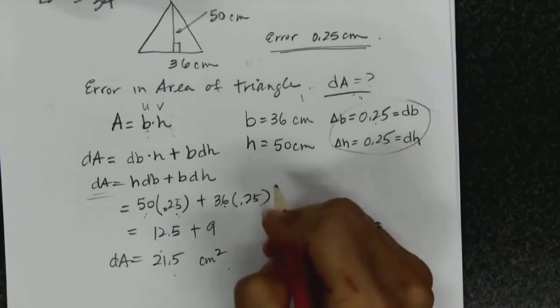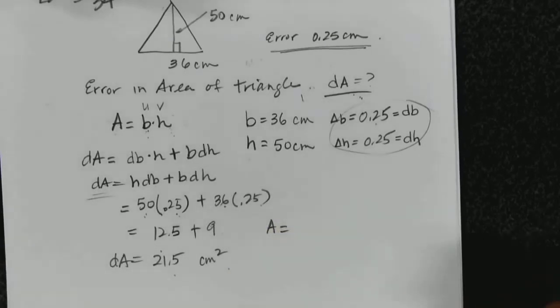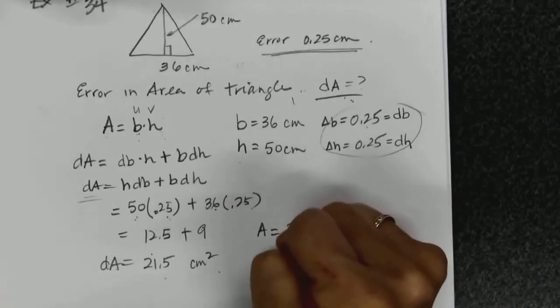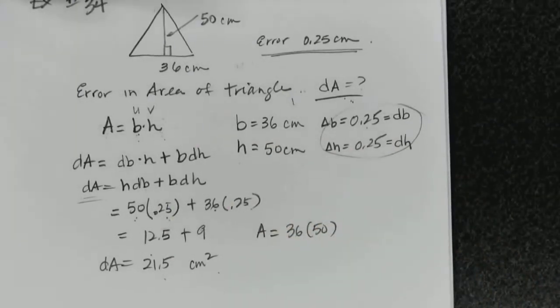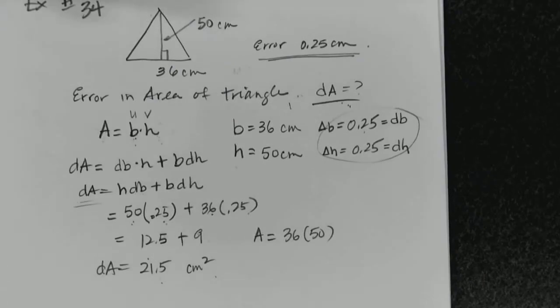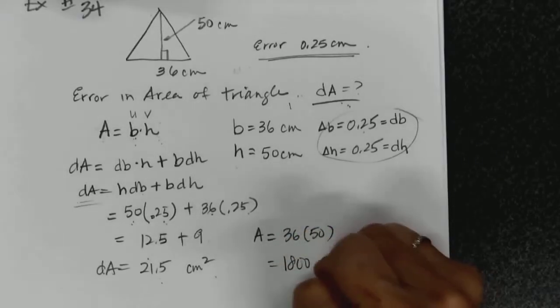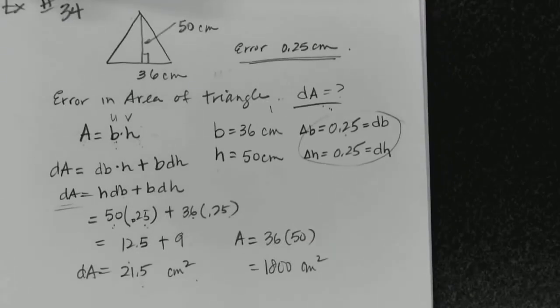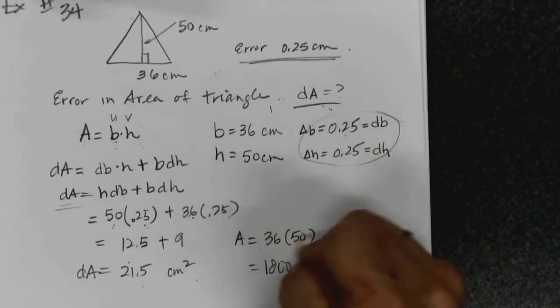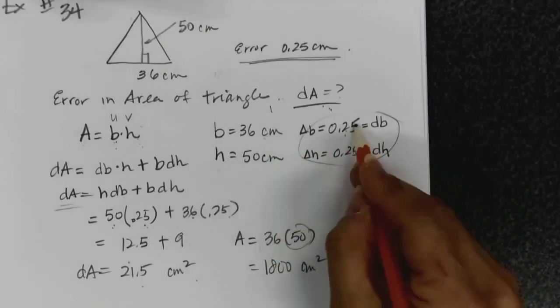Ready? So if I had an area, right, of this triangle, which is 36 by 50, right? 36 by 50. And when I multiply 36 times 50, the actual area of this triangle is 1,800 centimeters squared, right? Well, let's add those to it.